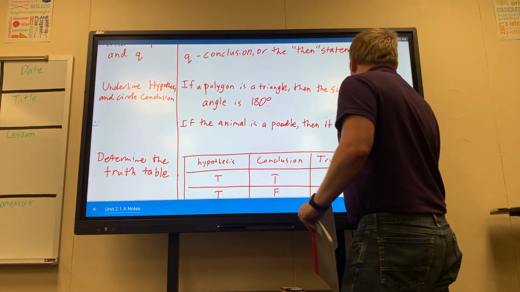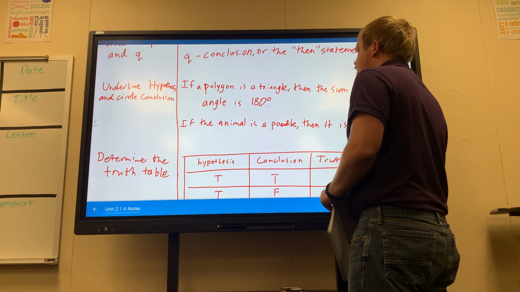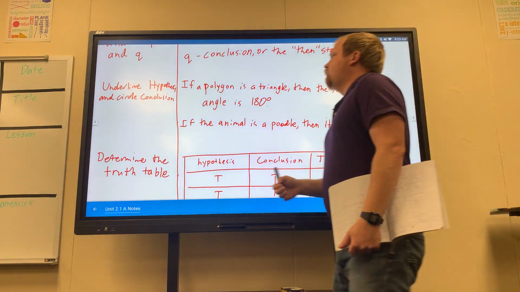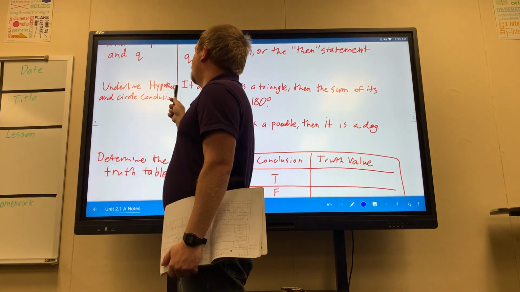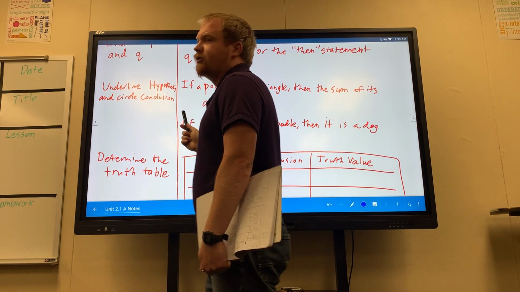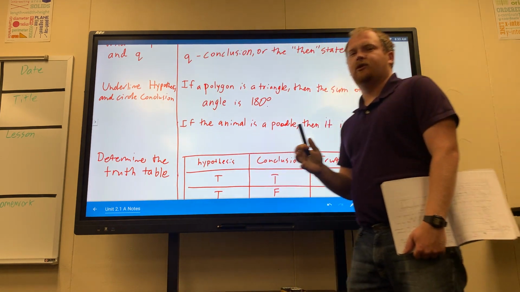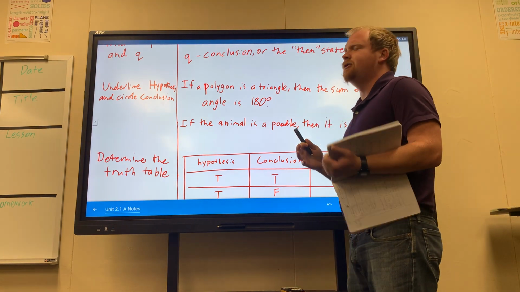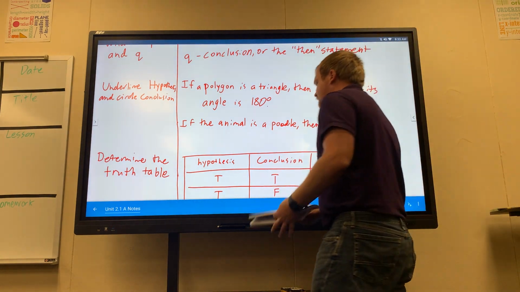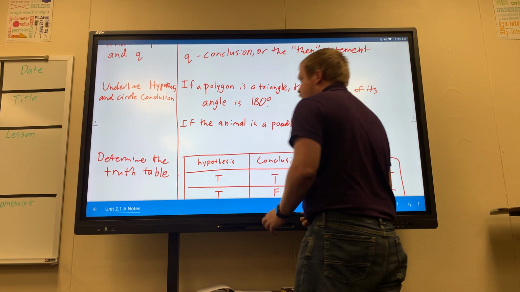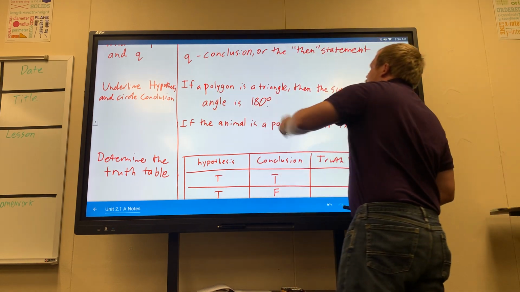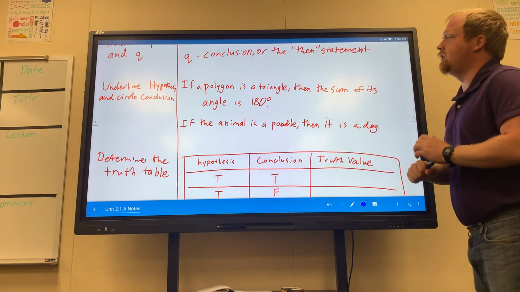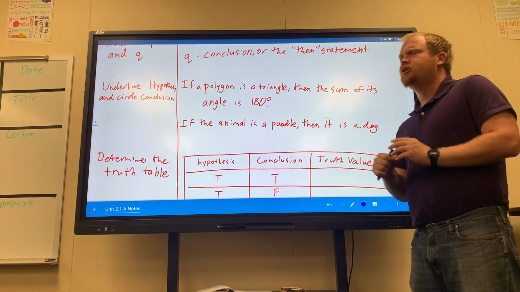So, I'm going to change this in blue real quick so that we don't get them mixed up. Next we're going to underline the hypothesis and circle the conclusion. I'm looking for anything that comes after if. So, if a polygon is a triangle, then the sum of its angles is 180 degrees.